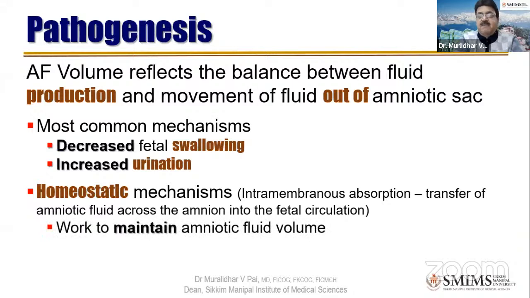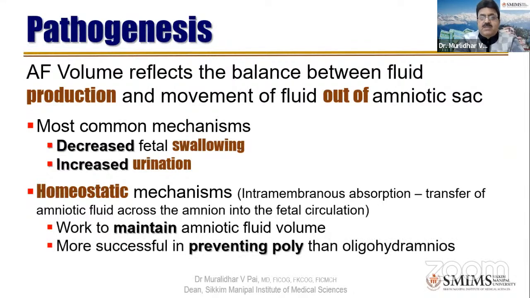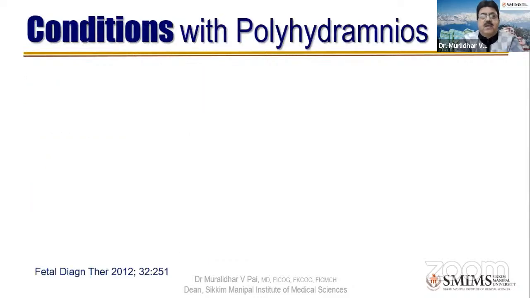This basically works to maintain the amniotic fluid volume. More successful in preventing poly rather than oligohydramnios. That means a proper transfer of the amniotic fluid will obviously prevent polyhydramnios.